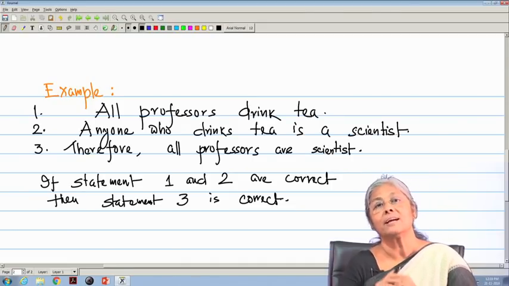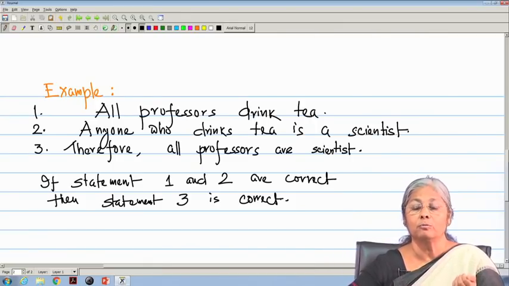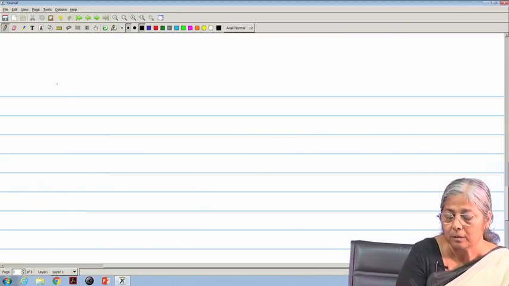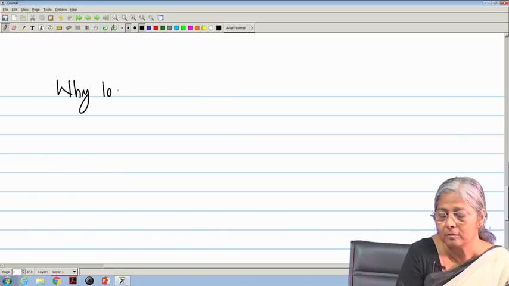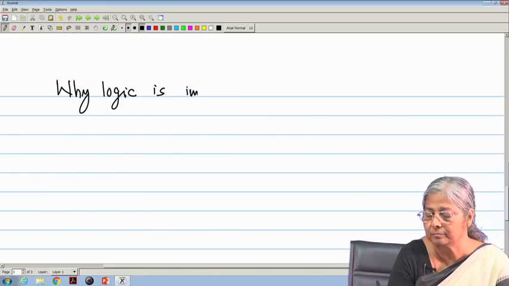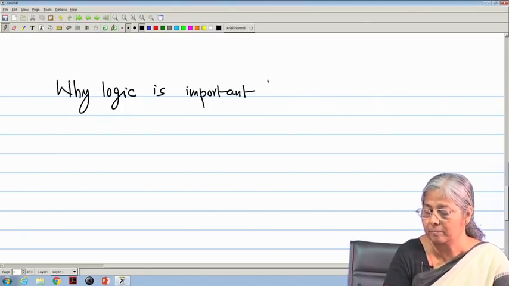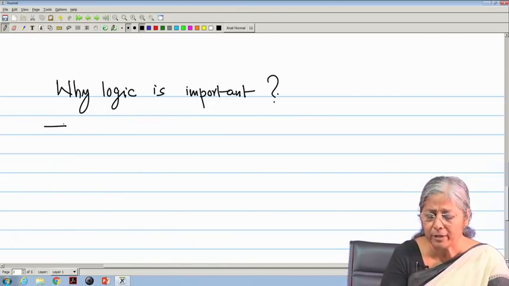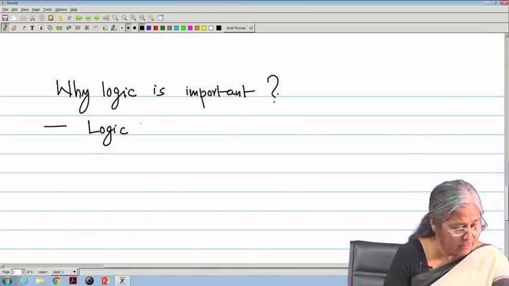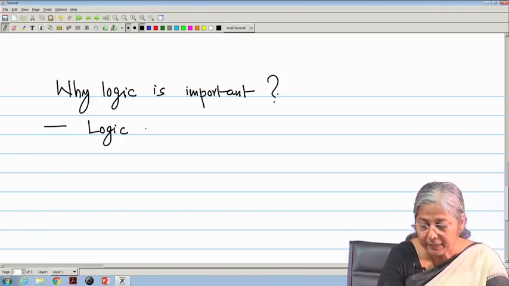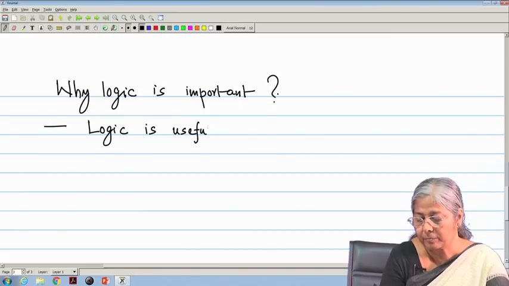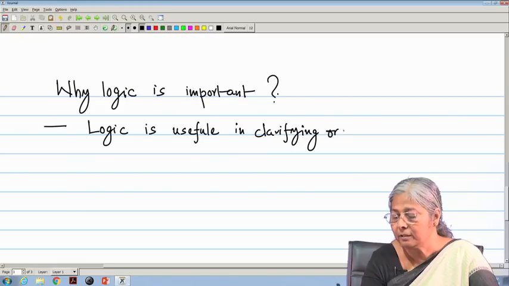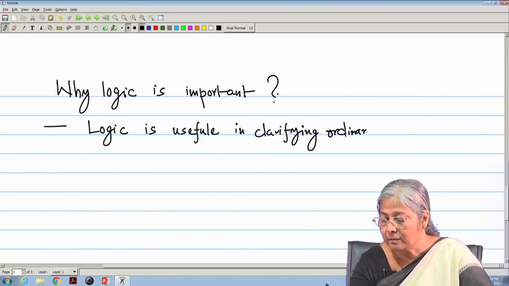So, what is the advantage of logic, or why is it so important, or why will we study logic? In a very simple way, I can tell that logic is useful in clarifying ordinary writing.